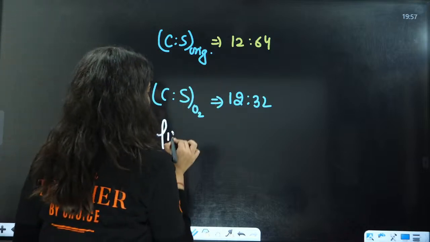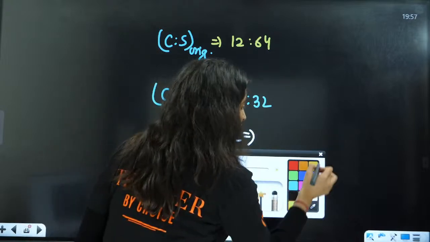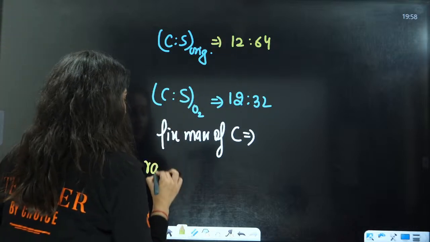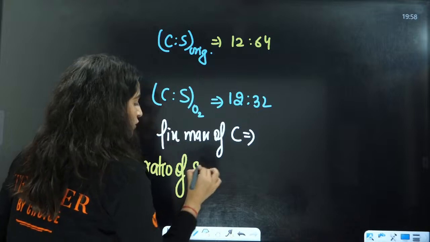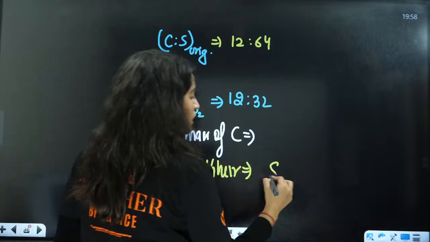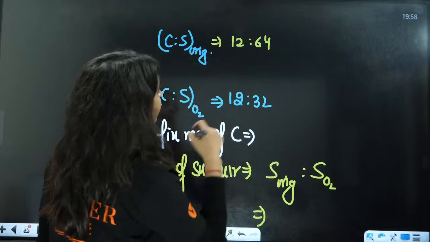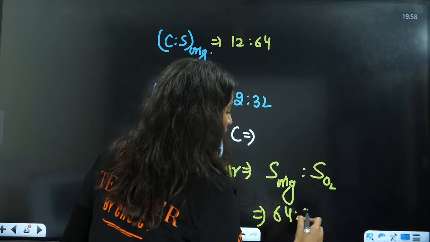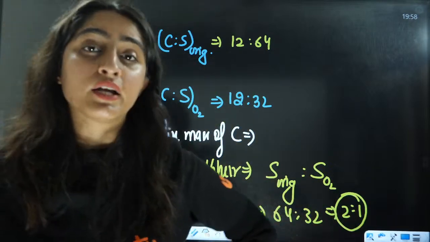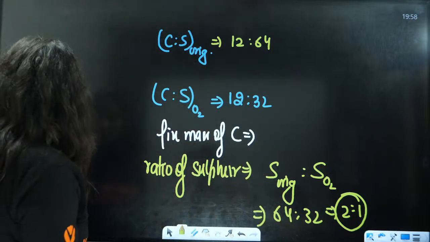I am fixing the mass of carbon. Then the ratio of sulfur original to sulfur with oxygen is 64 ratio 32, that is 2 ratio 1. Now this is a simple whole number ratio, that is the law of reciprocal proportion, which is not given in your NCERT.